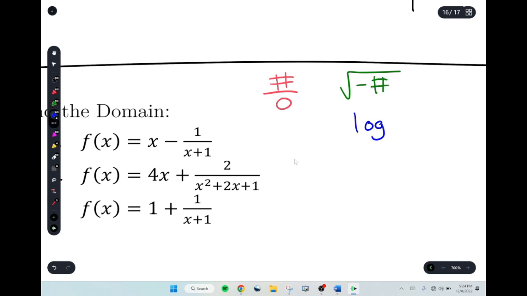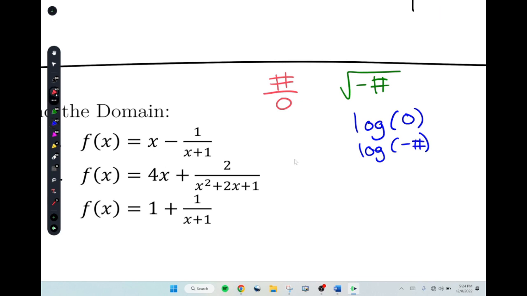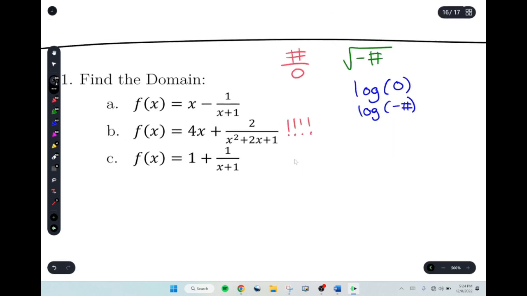Log of a zero or log of a negative number. Right, okay. So which of these are possible? In this case, it's the zero being on the denominator. In this case, pretty much only the red thing, right? That's pretty much the only possible thing. So let's see. What would make it bad?